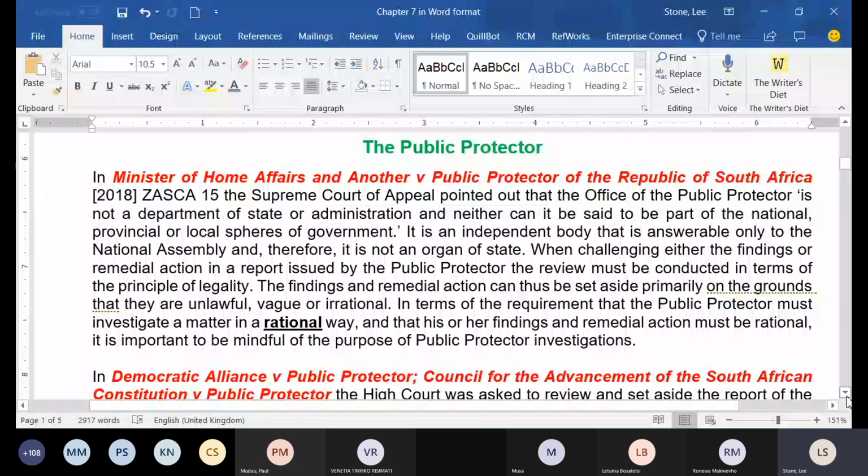So that rational connection test, or the rationality between the power of the public protector to be able to determine that someone who holds any position of power or exercises a public power is in fact guilty of gross misconduct, for example, because the law empowers her to do that.